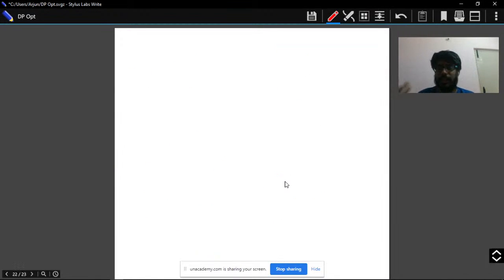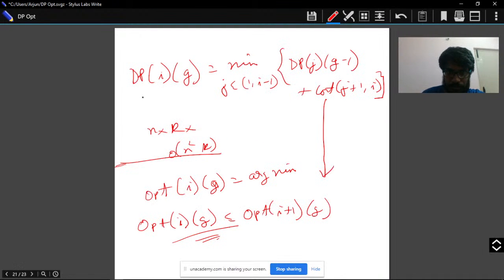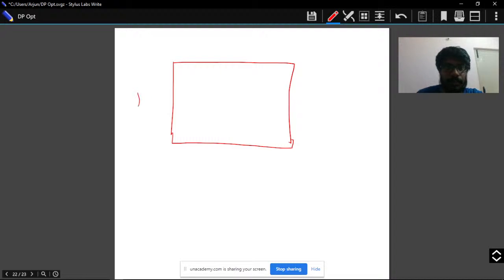But the nice part here is, consider your dp table. I usually take n cross k, but here we take k cross n, right?